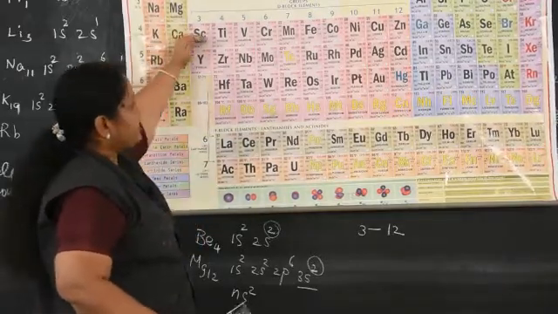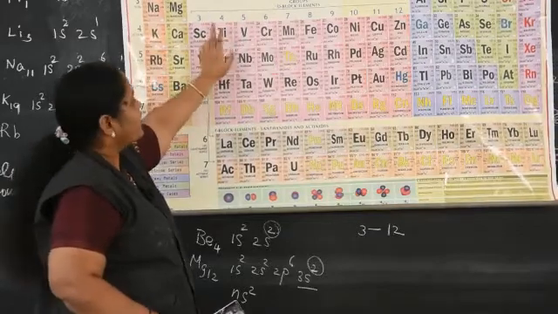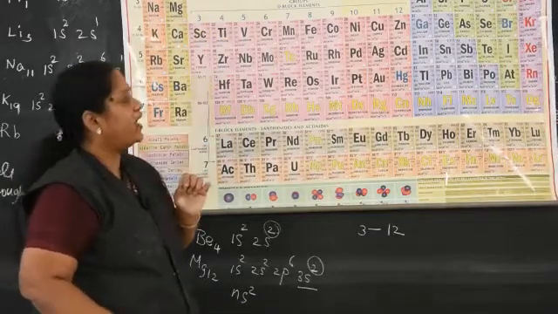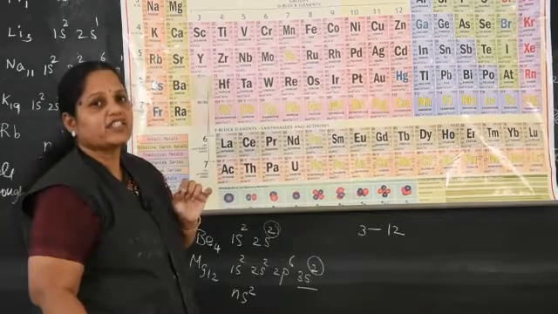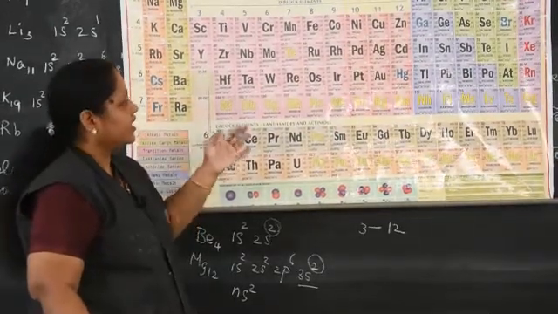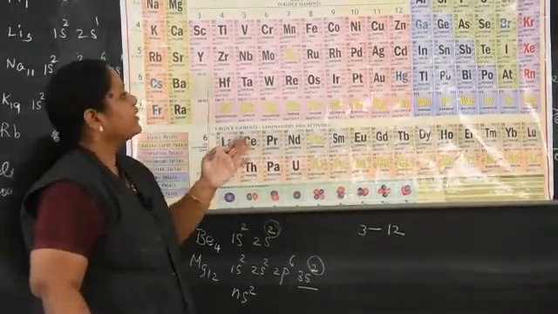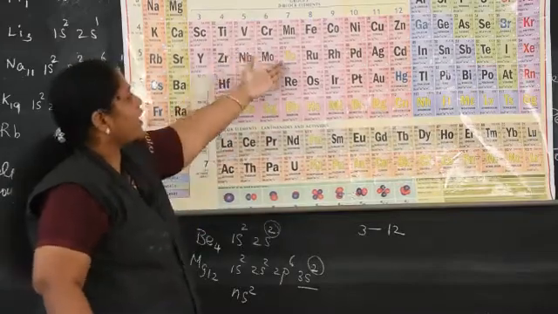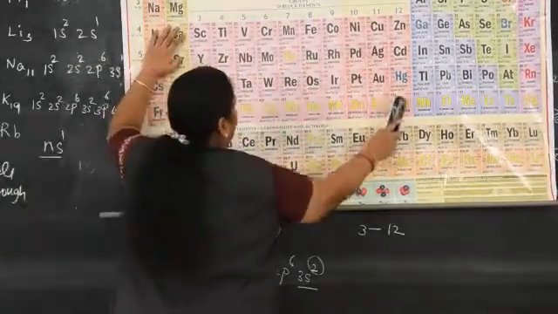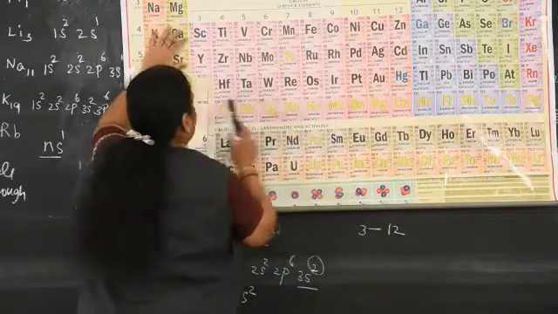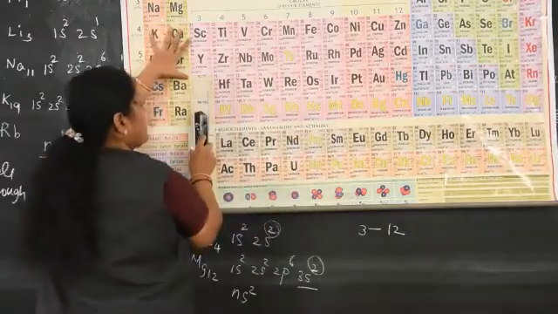Otherwise these are called transition elements. Why are D block elements called transition elements? The property of these D block elements, this pink color, 40 elements. Here lanthanum, here actinium is there.